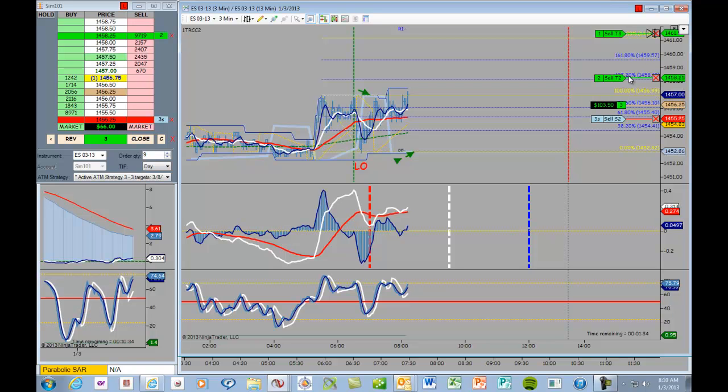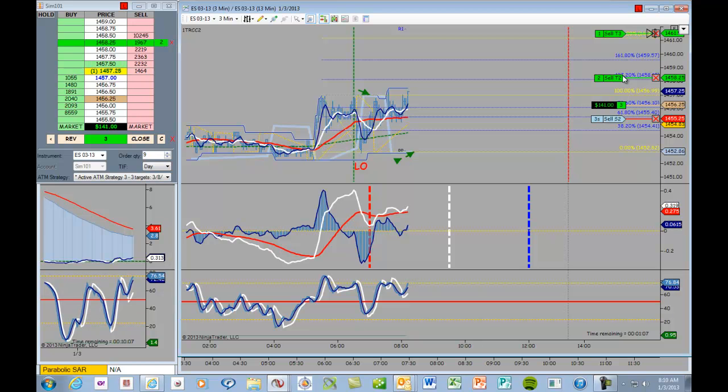So since we use Fibonacci numbers for our targets, Fibonacci parameters on our indicators, excuse me, got a small amphibian dwelling in my throat here. Okay. Anyway, I was about to say that because we have Fibonacci numbers and ratios all over our chart here, there is an interesting correlation that develops.